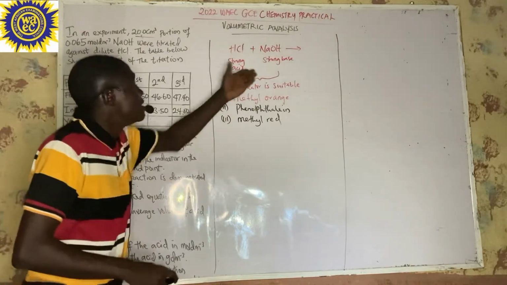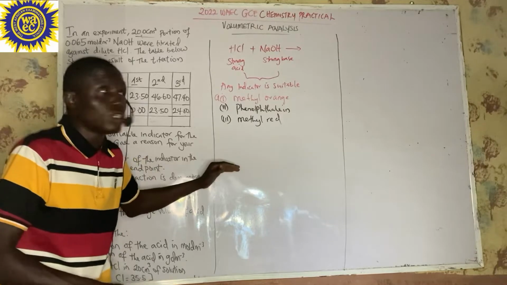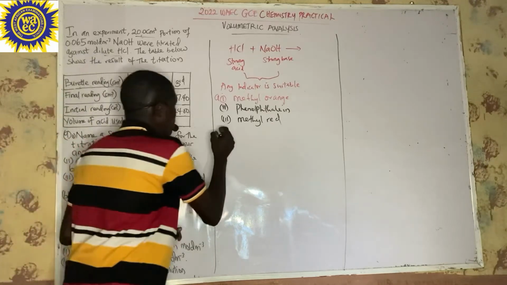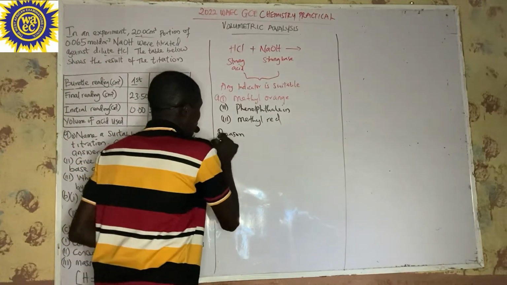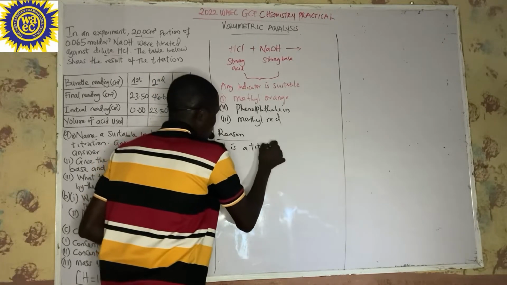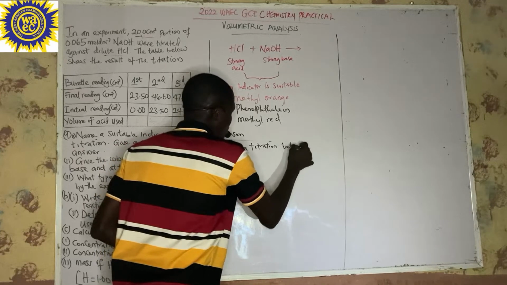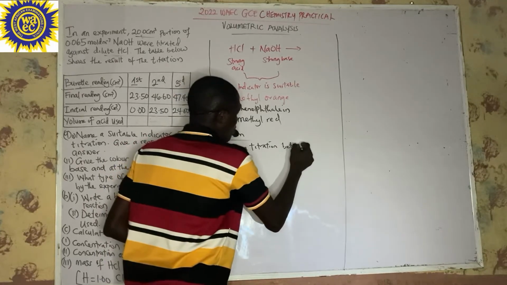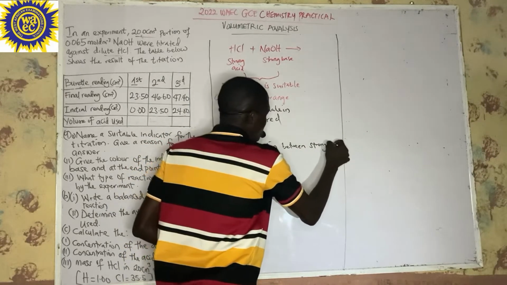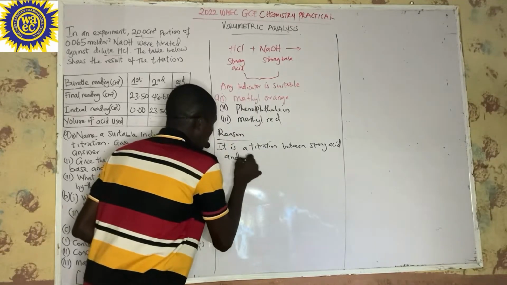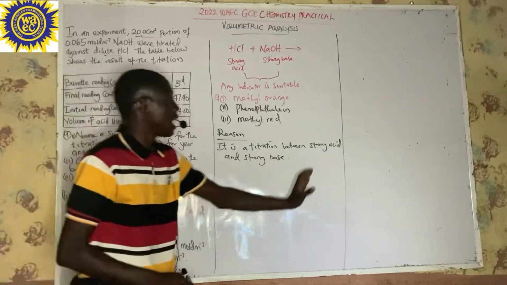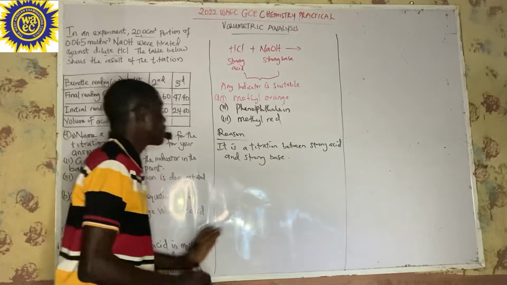The reason is that this is a titration between a strong acid and a strong base. So the reason why you suggest these indicators is that it is a titration between strong acid and strong base. So that's that about that.